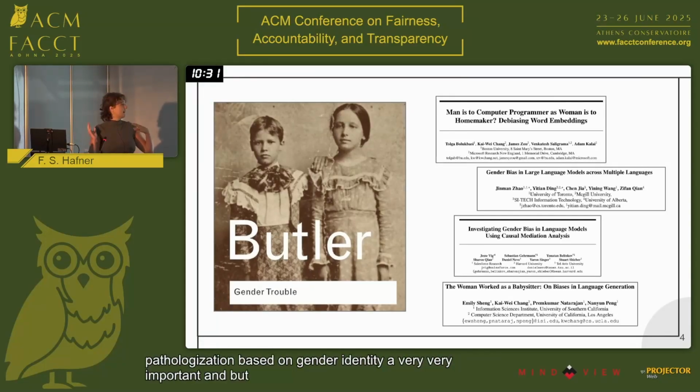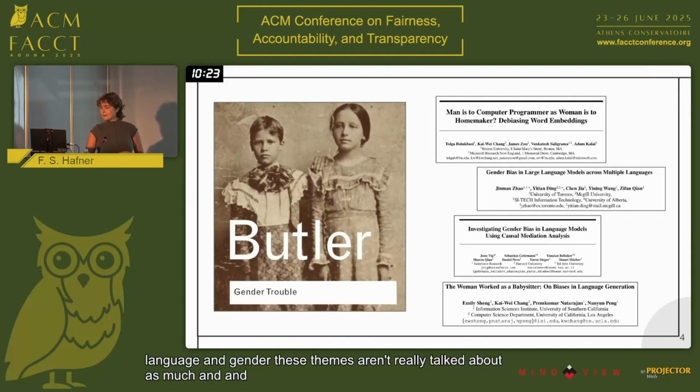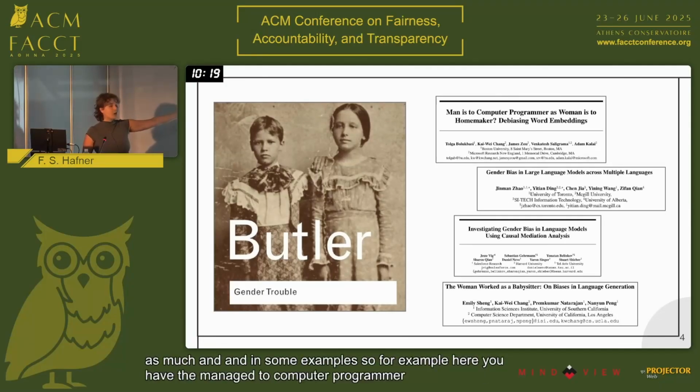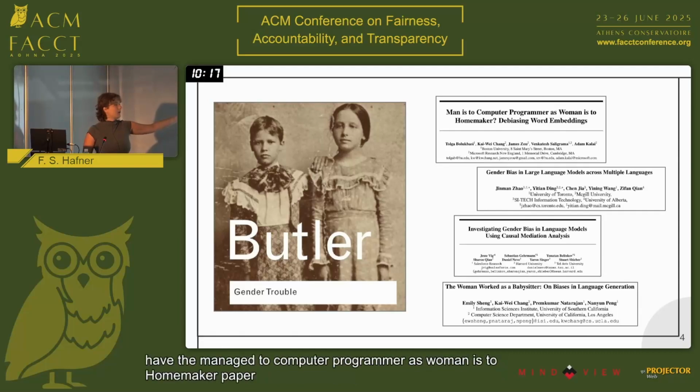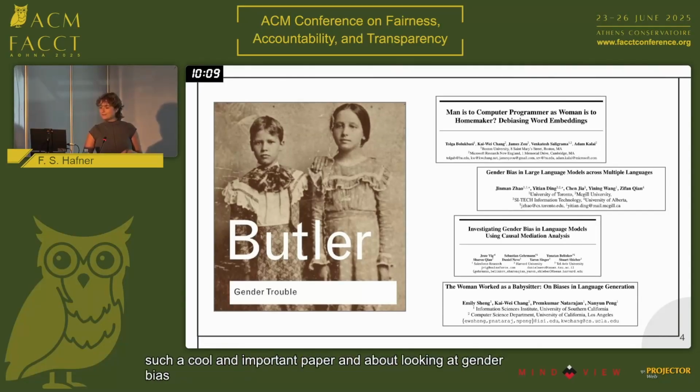But in the computer science literature on language and gender, these themes aren't really talked about as much. And in some examples, so for example, here you have the Man is to Computer Programmer as Woman is to Homemaker paper by Bolukbasi, which was super influential, such a cool and important paper about looking at gender bias in language models.